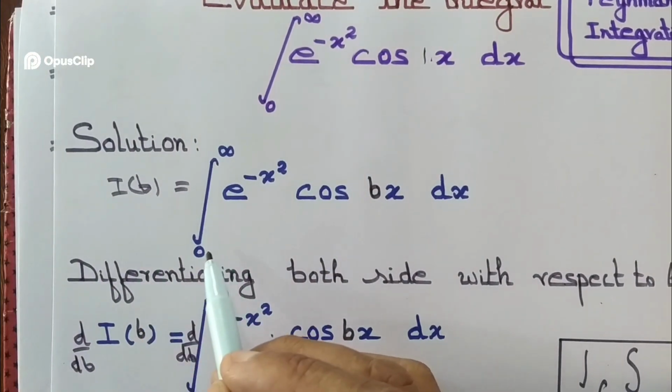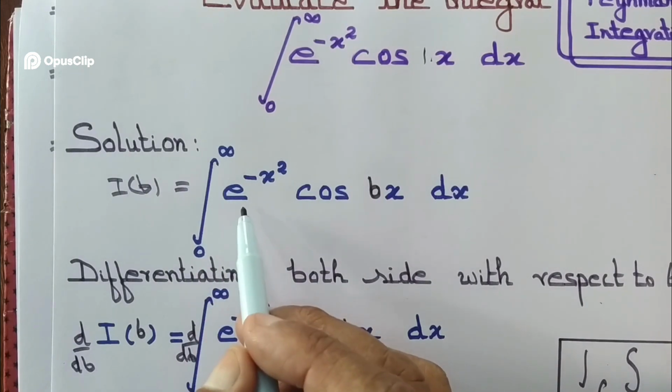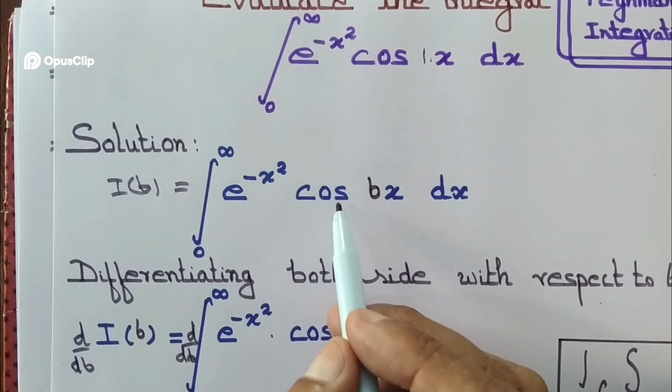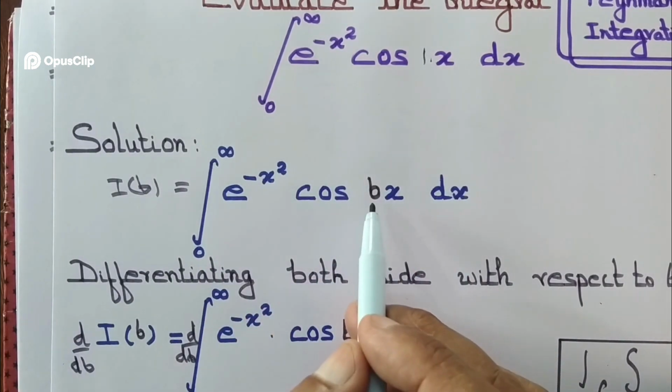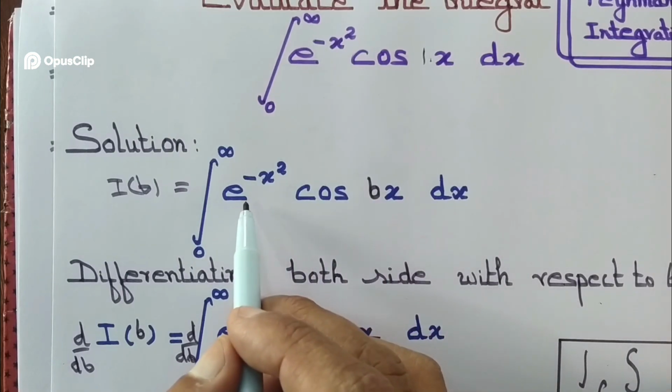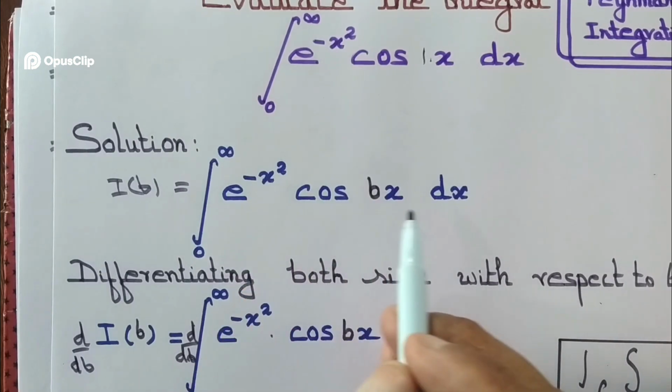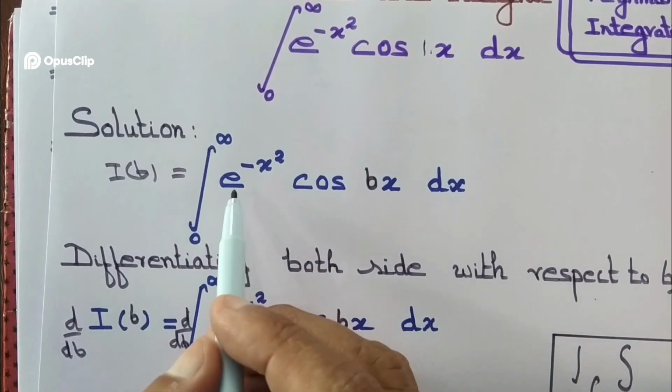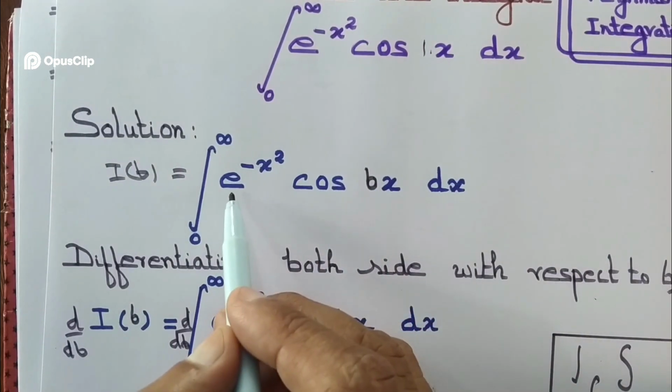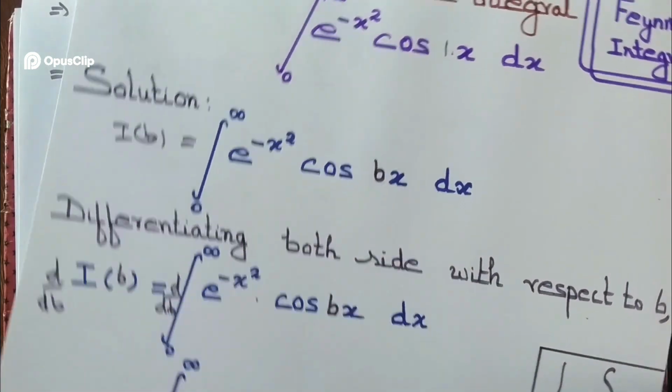Let's look at the expression I(b) equal to the integral 0 to infinity e to the power minus x square cos of bx dx. If I choose b equal to 0, it is simply e to the power minus x square dx.